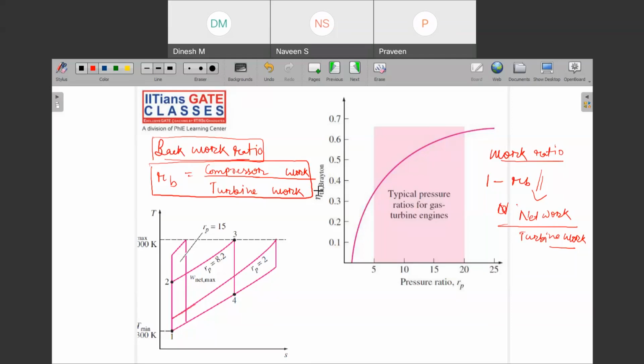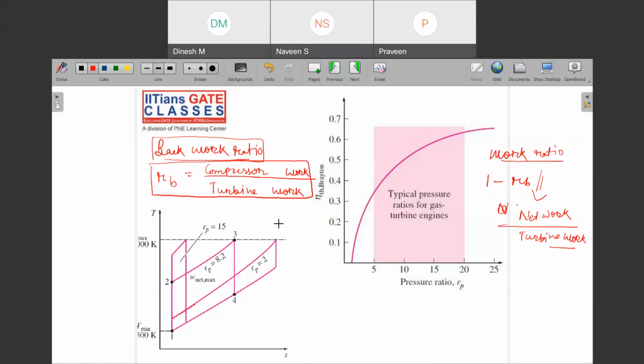Okay. So can you see that your back work ratio will be higher when you are working with higher pressure ratio? Why? Because your compressor work will be increasing, right? So if your compressor work gets increased, then this value will get increased, yes or no? Because here you will be dividing by some constant value.